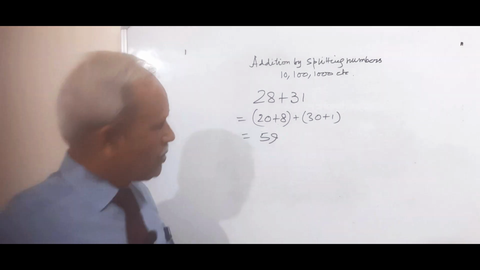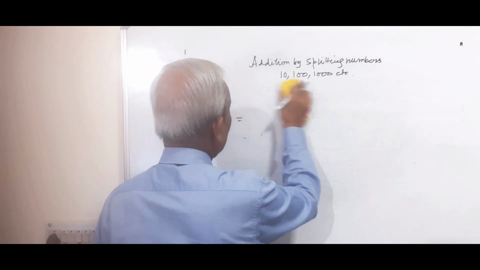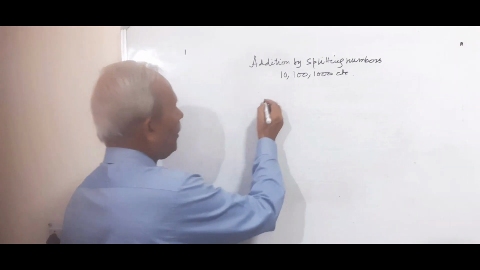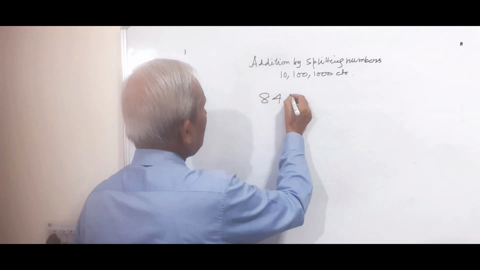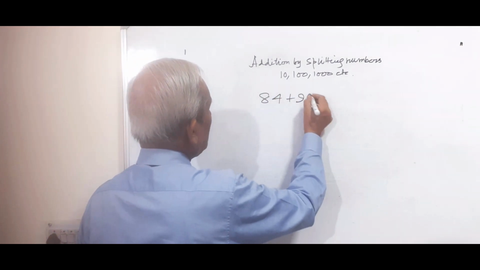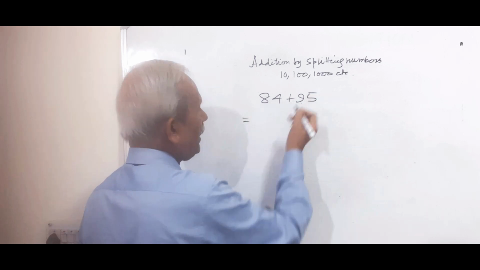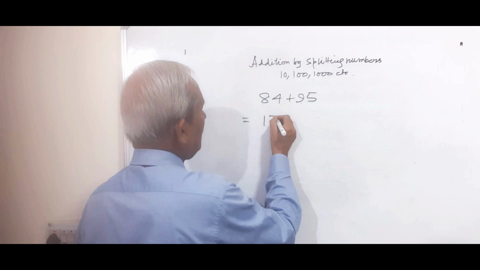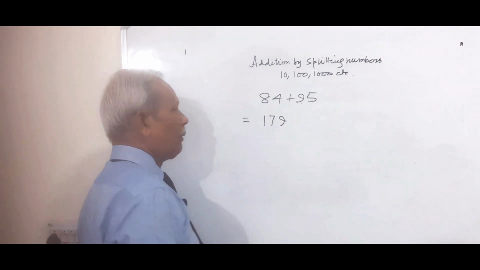Now the last problem for this: 84 plus 95. I'll do it straight away. 80 plus 90 is 170, and 4 plus 5 is 9, so 179 is the answer. I think you have understood it.